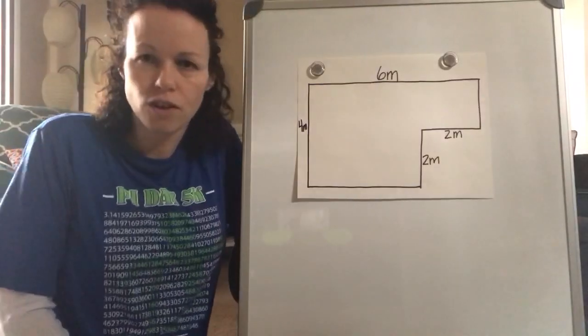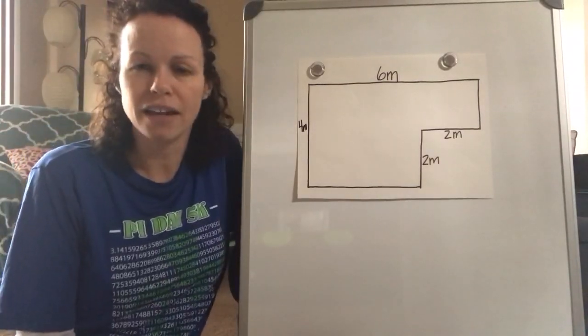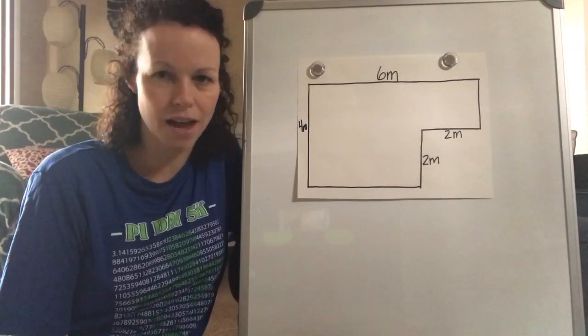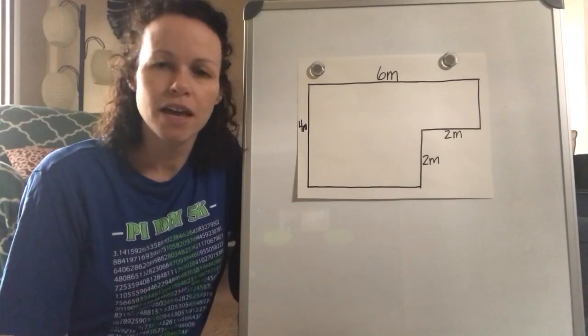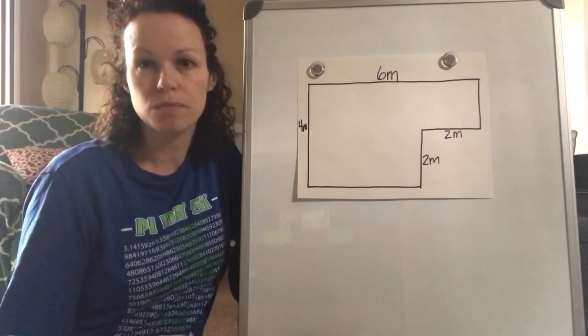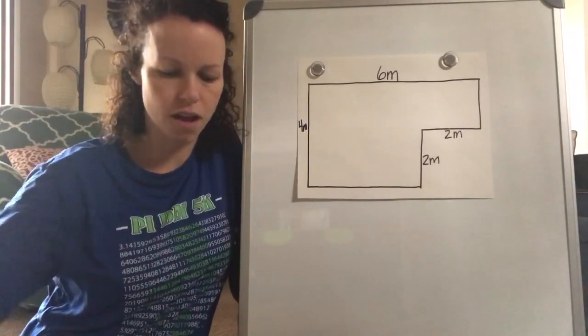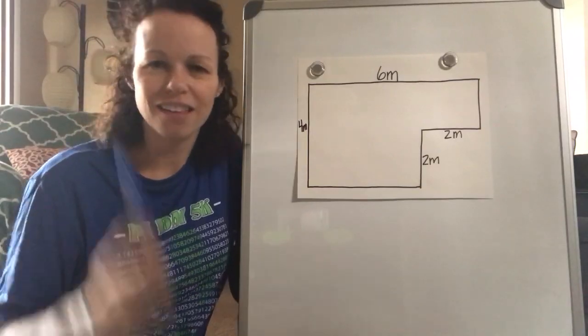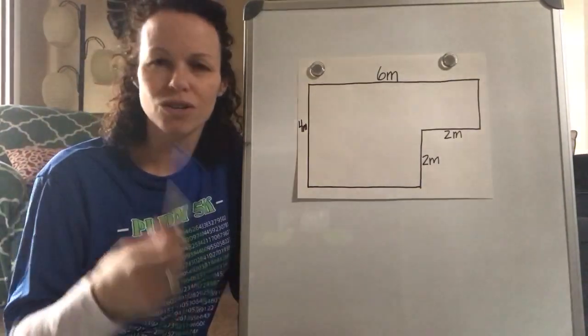I gave you kind of a clue in the trapezoid video at the end that one strategy you can use to find the area of these types of shapes is to break it into shapes that you already know how to find the area of. I love to do these in class usually because I love to see the way that students' minds work so differently.